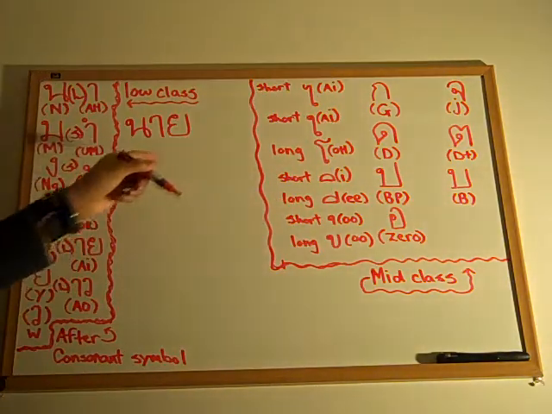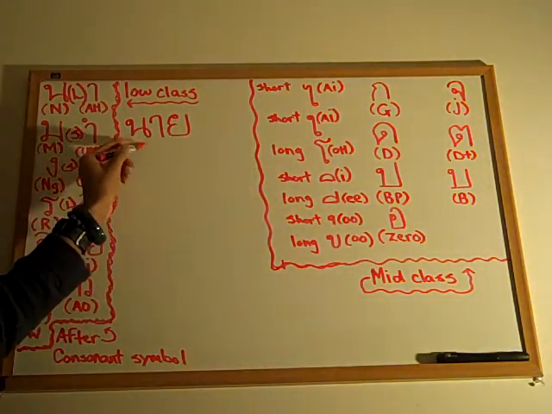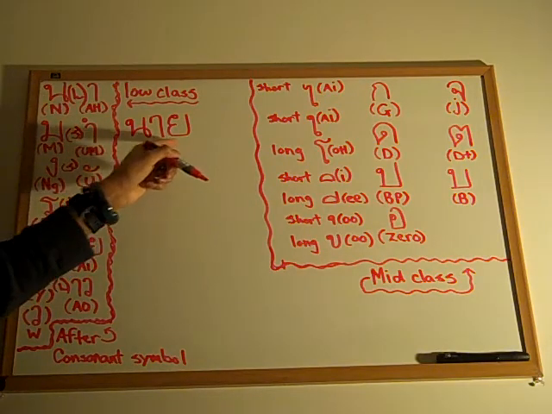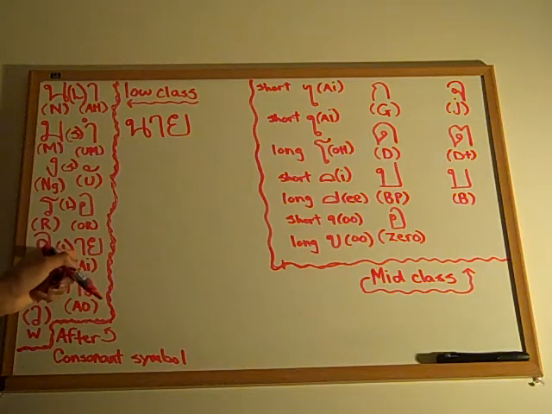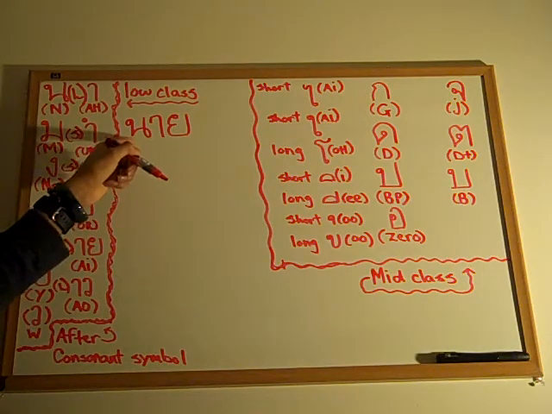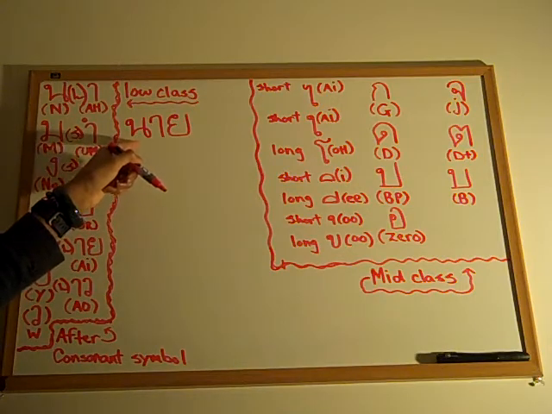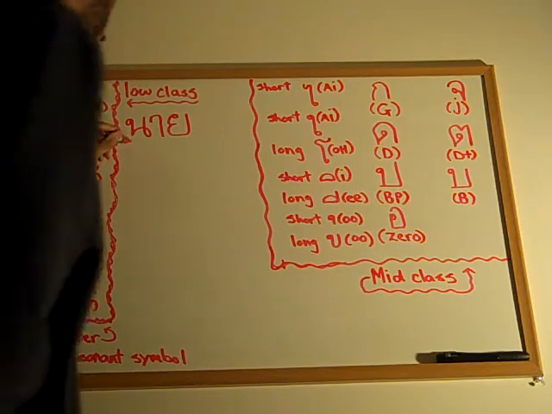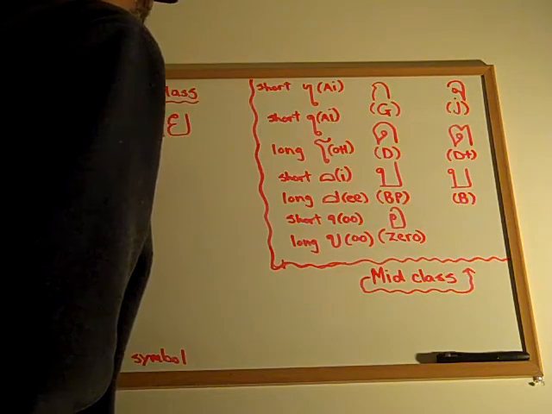Okay, this one, as you can see, we have the n up here, and then we have that long I sound. So this is nai, n, I, nai. Romanized, something like this.